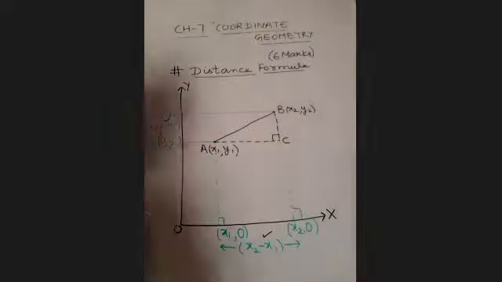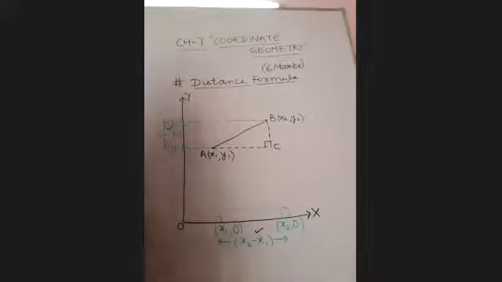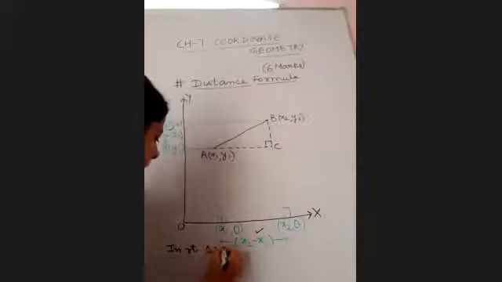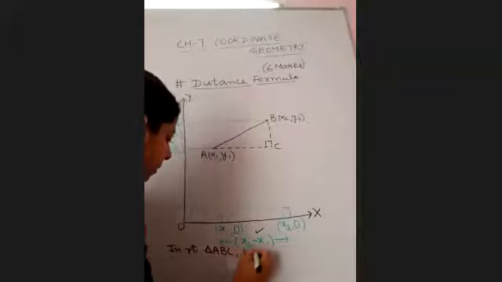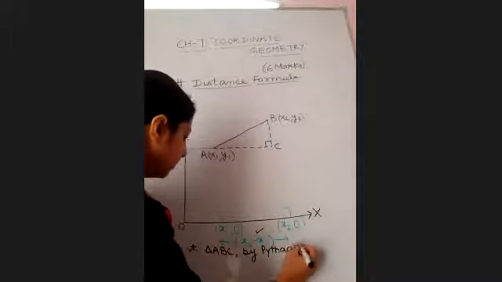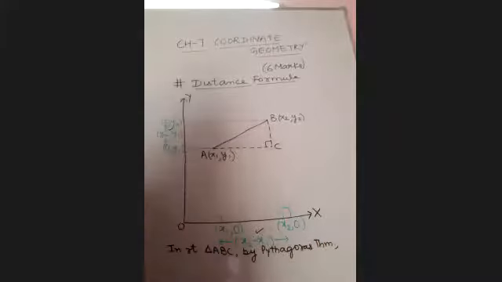So what we are going to do here is, by Pythagoras theorem in right triangle ABC, what do we get?